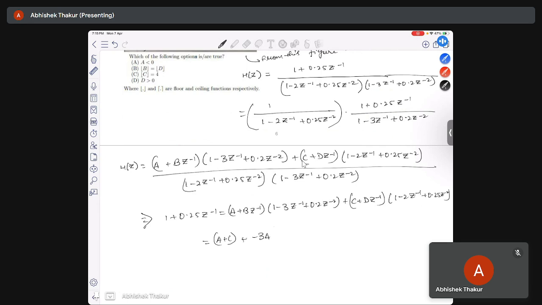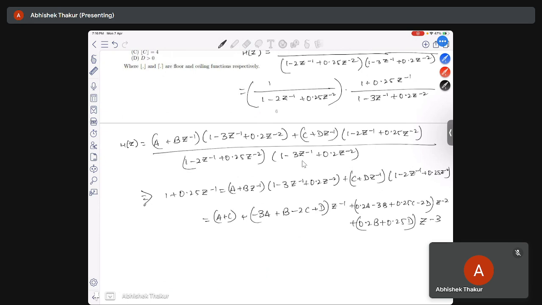Minus 3A plus B minus 2C plus D is the coefficient of z inverse. 0.2A minus 3B plus 0.25C minus 2D is the coefficient of z to the power of minus 2. 0.2B plus 0.25D is the coefficient of z to the power of minus 3.